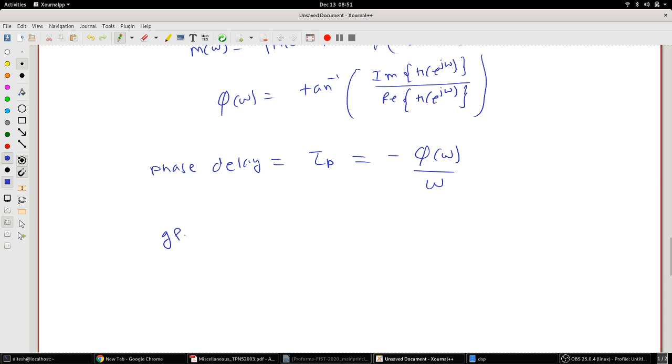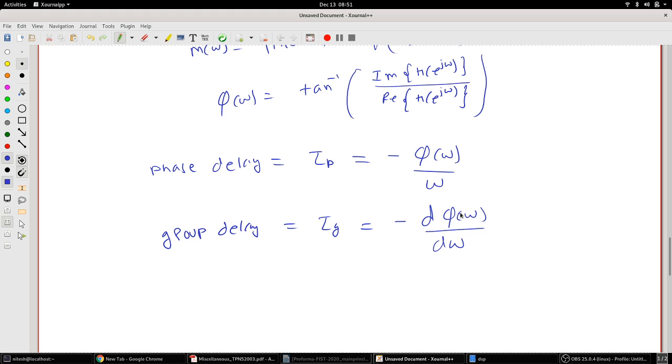Similarly, there is group delay, which is tau g, which is the derivative of the phase response, d phi by d omega. So this is your group delay, and this is your phase delay.